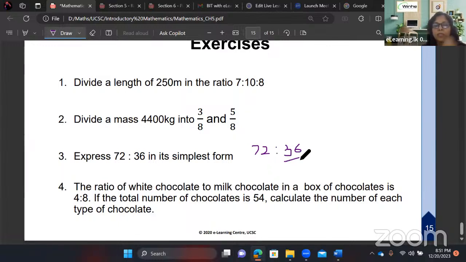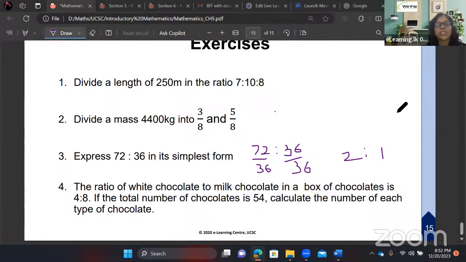If you divide both sides by 36, then 2 to 1 will come. This is the simplest form of this ratio, right? You can't divide it further. If it asks you to find the simplest form, then check whether you can divide it into the smallest value, right?